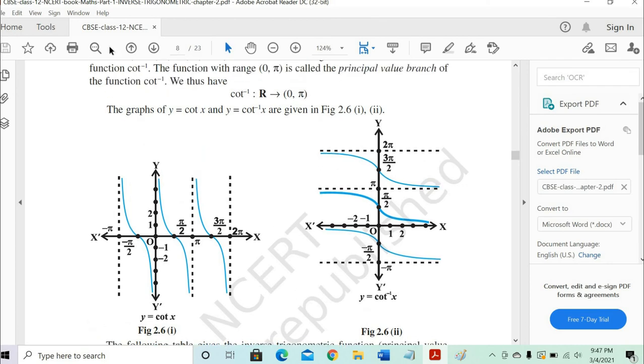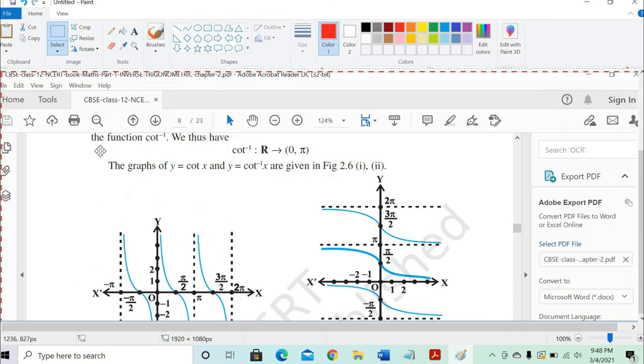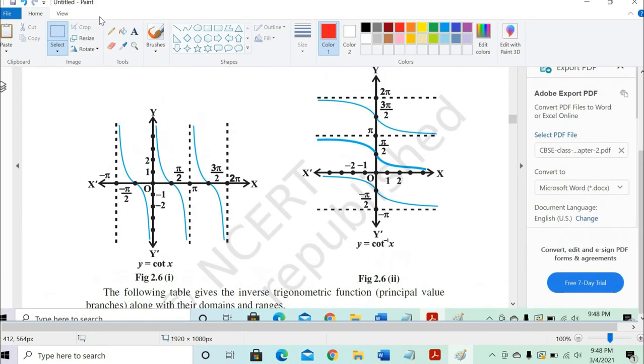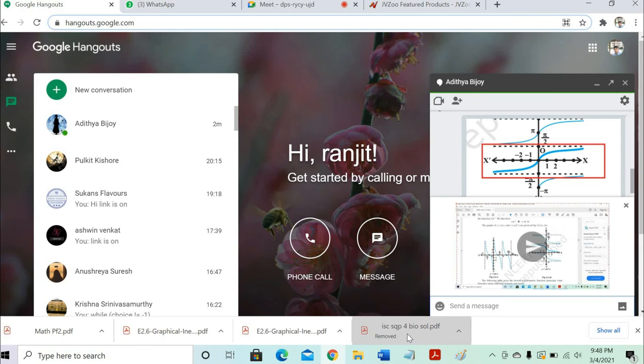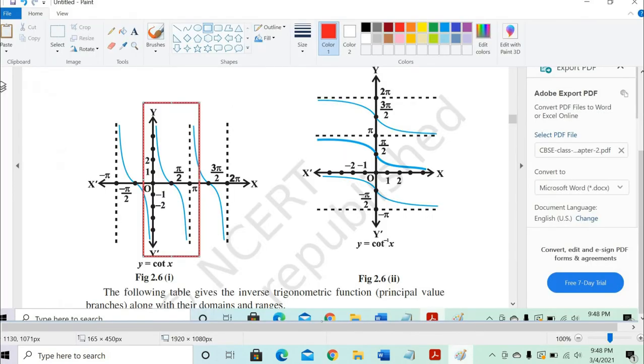First we'll draw for cot x, and after that we'll do cot inverse x. Focus on 0 to pi only.